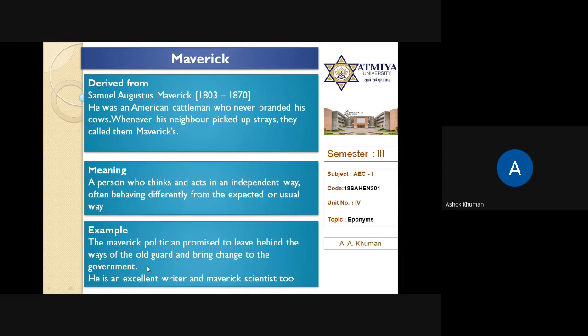Suppose tomorrow Trump or Joe Biden, whoever wins, if he is a maverick, that means he will not continue what American politics has been so far. With independent thinking he will make new laws, new policies.